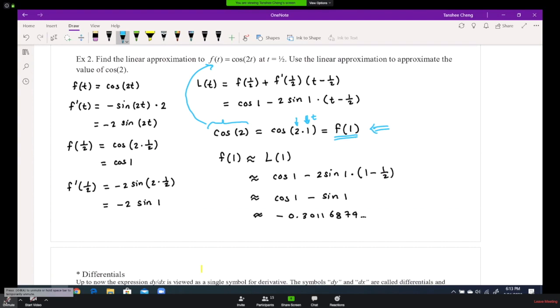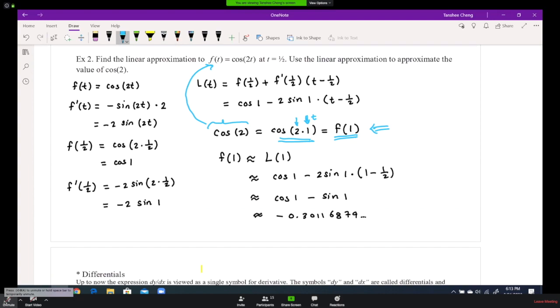Yeah. Got that? Okay. So make sure you write this step. I purposely write this step for you to see where this 1 is coming from, because my input must be 1, so that we get cosine of 2. If it had said use a linear approximation to approximate the value of cosine of 4, then t would have been 2. Exactly, in this case.